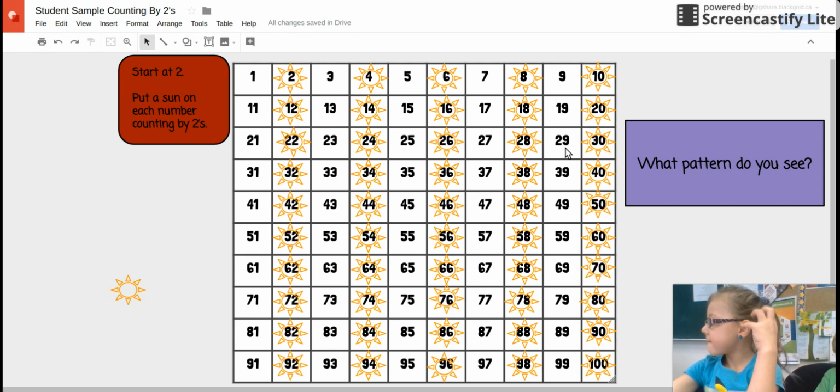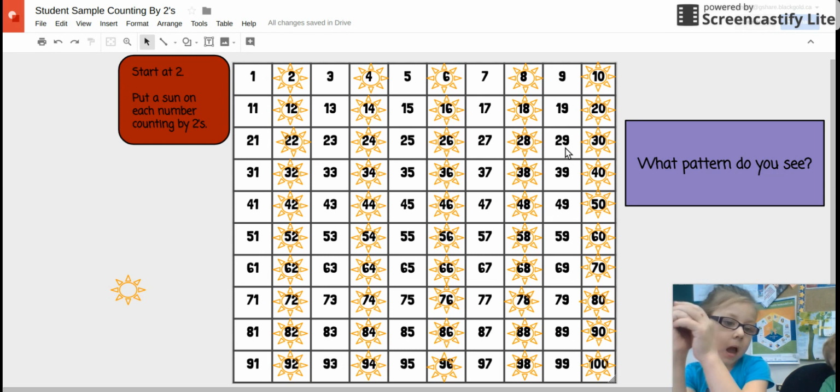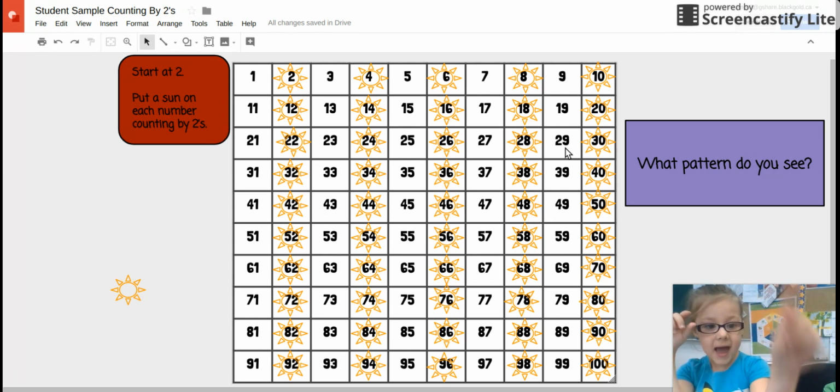For example, when I was little, I was like 5 or 4. I thought that patterns start from the very beginning and end just like that.